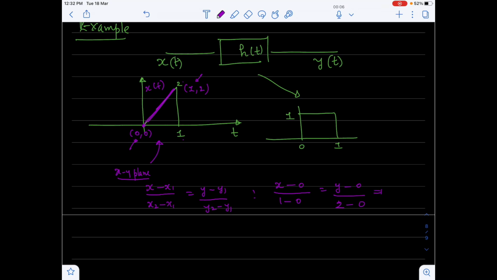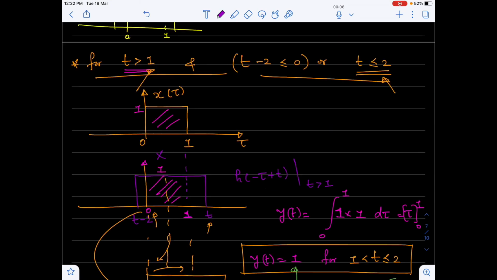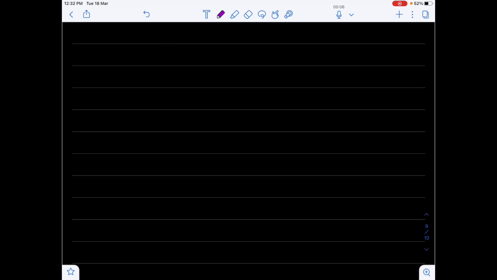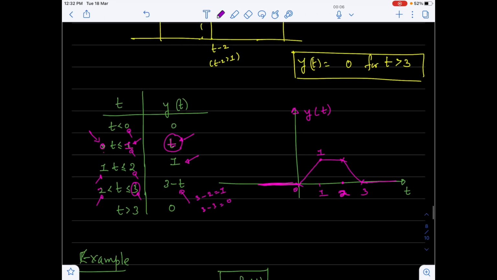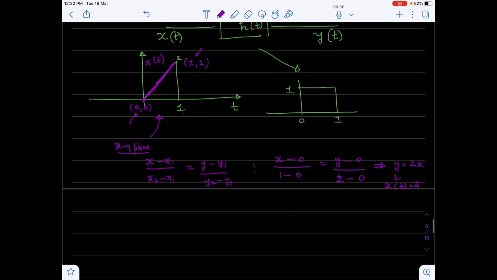So this will give you y equal to 2x, but instead of y we have x of t, and instead of x actually we have t. So instead of that x we have t, instead of y we have x of t, so the equation is 2 times t. So this is our equation.